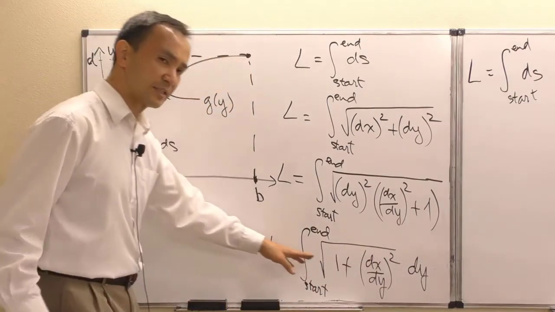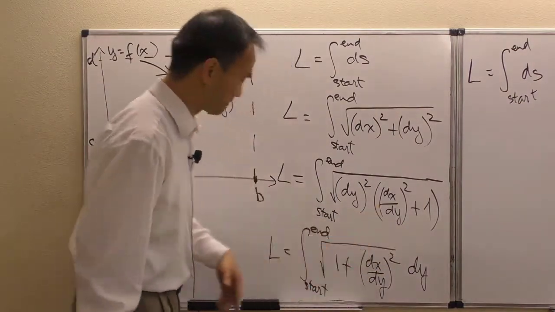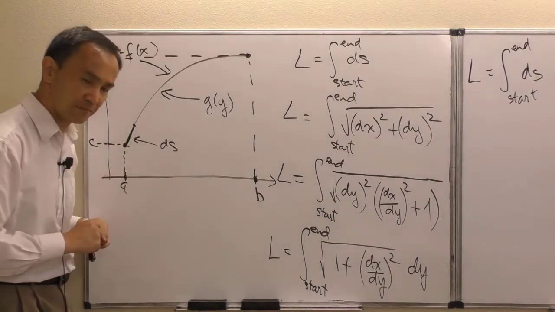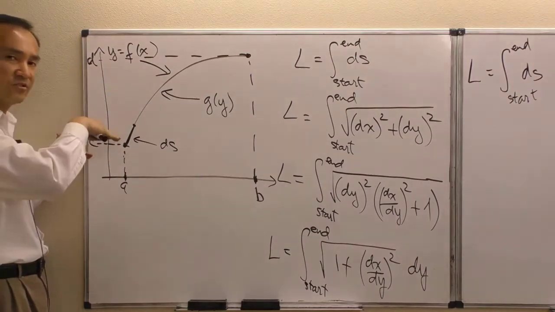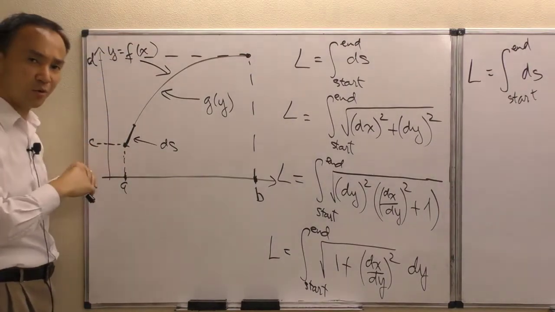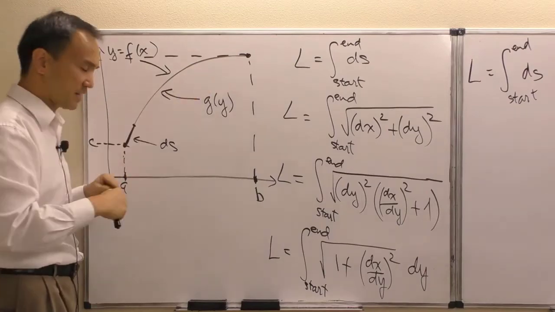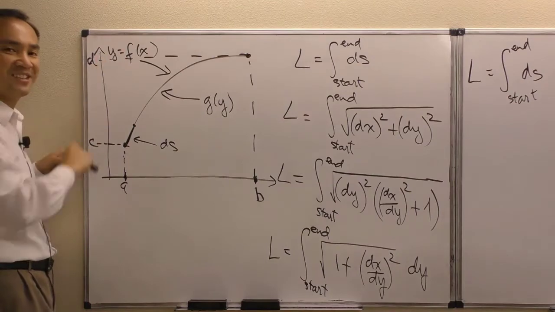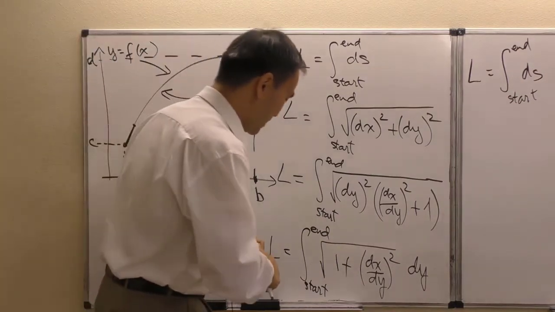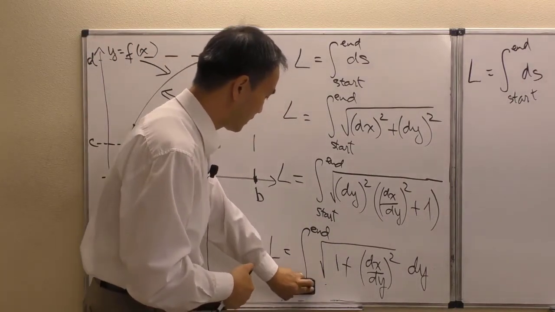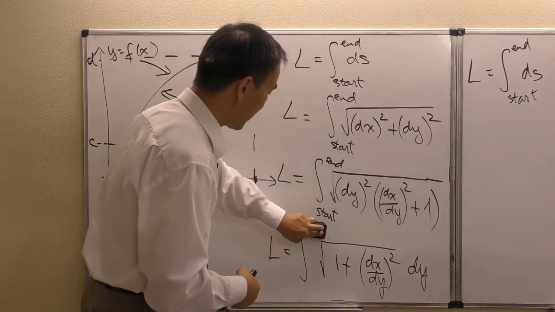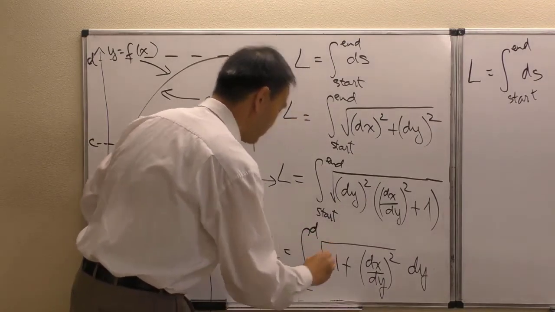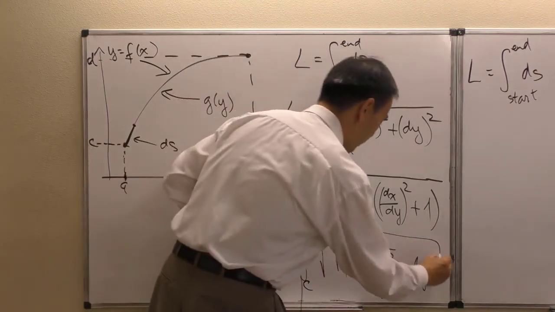So if everything is expressed in terms of y as a choice, then we cannot use A for start and B for ending. But our start and ending has to be on behalf of the vertical axis here on the y-axis. So it looks like the same curve, but it has a start at y equals c on the y-axis and ending at y equals d on the y-axis. So that means this is our final expression right here from C to D, and that is another expression.